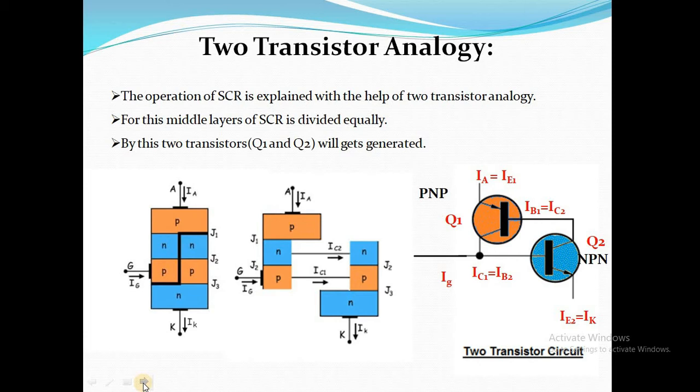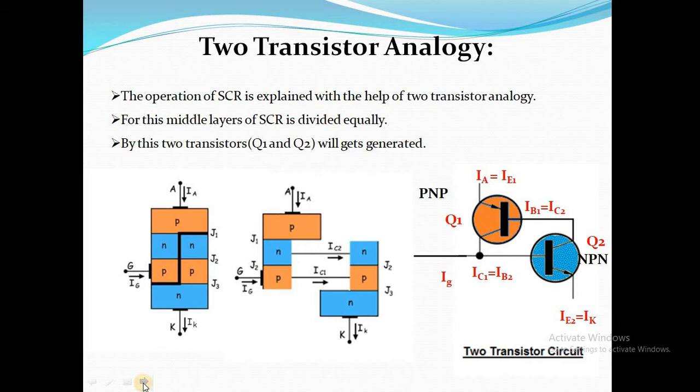The abbreviation of SCR is silicon controlled rectifier. The material used for the construction of this device is silicon, a semiconductor, and the application of SCR is rectification, but here it is controlled rectification.